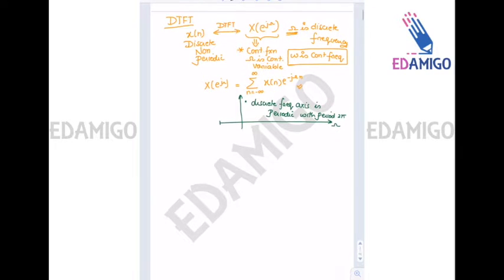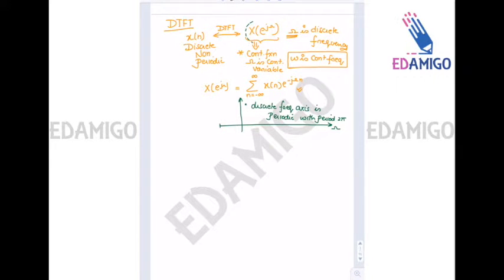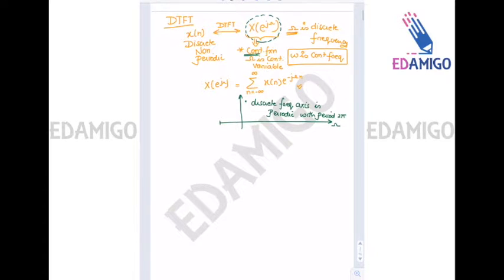So I can say that this function is a continuous function and it is a periodic function with period 2π. This is the very basic of DTFT.